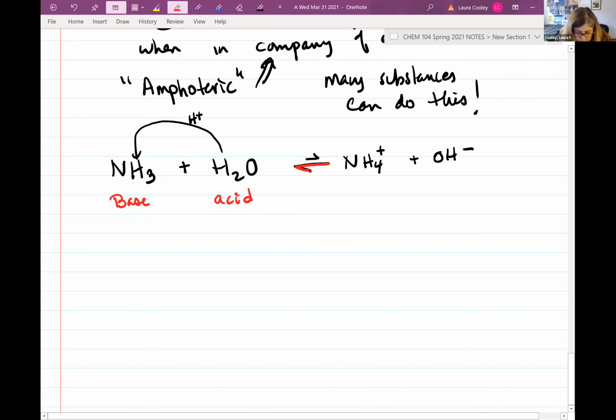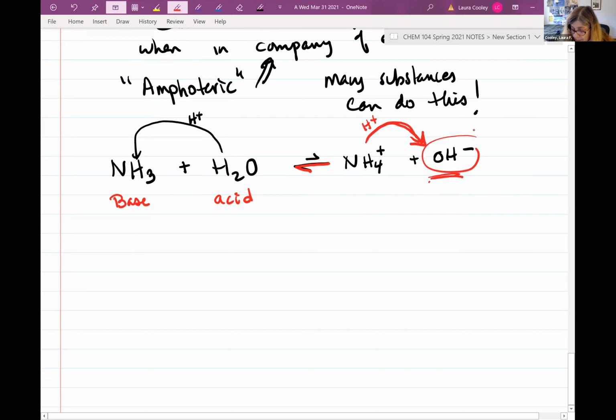You can see that this reverse arrow is the more important of these reactions. If we look at what's happening in reverse, NH4 plus is donating a proton to hydroxide, and when it does that, it forms water. Hydroxide accepts it, so hydroxide here is a base, because the proton is going this way.